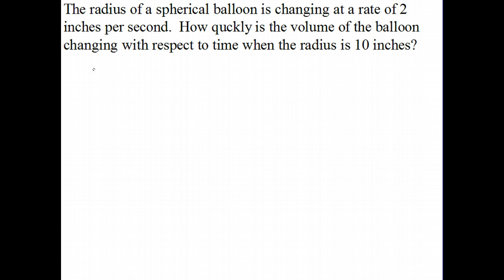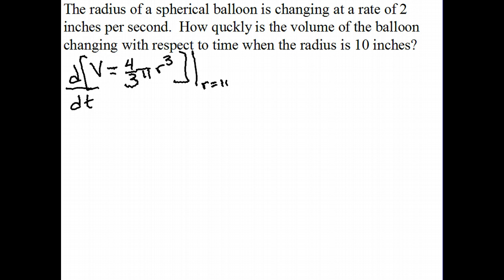So let's start off with the formula for the volume of a sphere, which is 4/3 pi r cubed. And we want to take a derivative of this with respect to time, because that's our goal here. We want to find the rate at which volume is changing with respect to time, and we're just going to evaluate it when r is equal to 10.